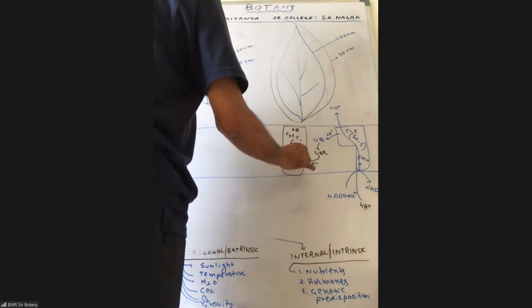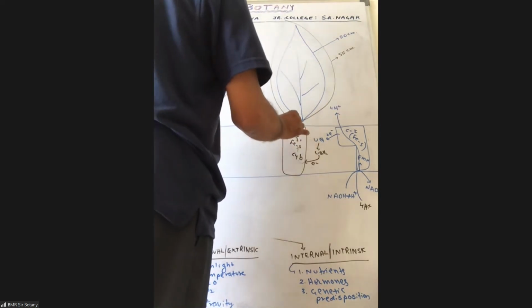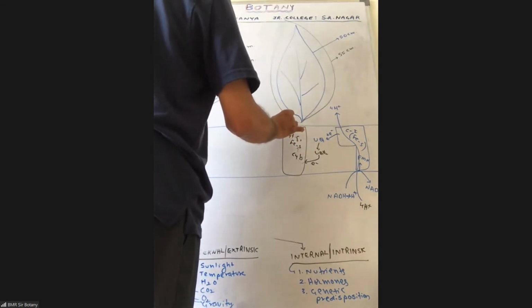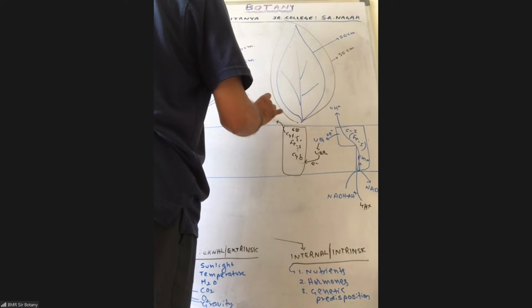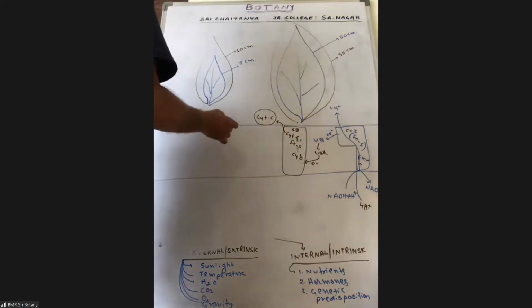So electrons through these go to the cytochrome C1 part of complex 3. From there they are passed on to cytochrome C, the mobile electron carrier on the outer surface of the inner membrane.